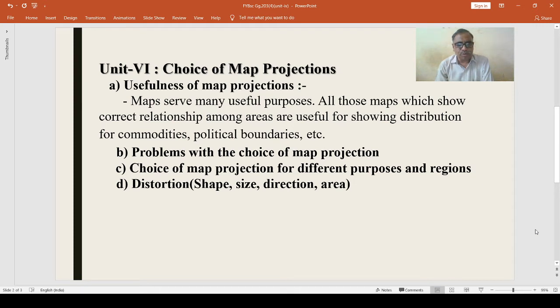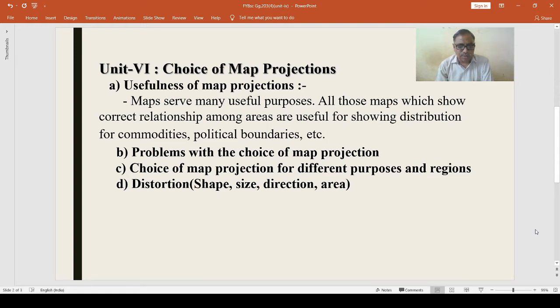Then sinusoidal projection. It is used to show a hemisphere. It is used for showing countries, for example Africa, South America, etc. Mollweide projection. It is used to show distribution and density of population of the world.